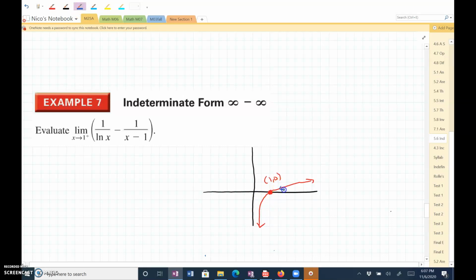As x approaches 1 coming from the right, the natural log of x is going to be a really, really small decimal. So 1 over a really, really small decimal is going to be infinity, minus 1 over something just slightly bigger than 1 minus 1, so same thing. This is indeterminate.